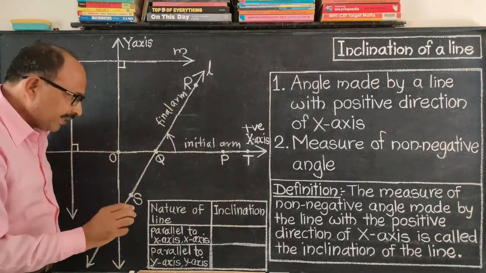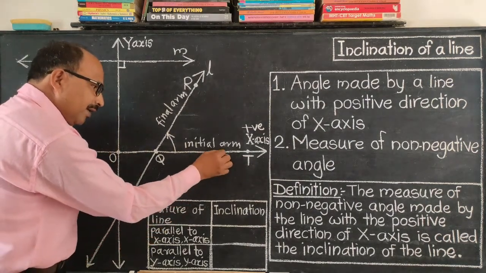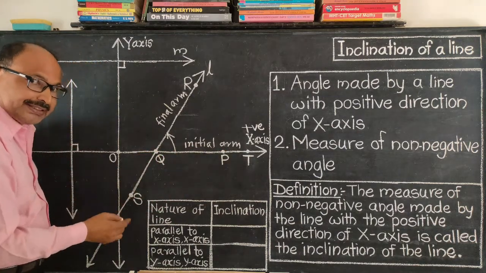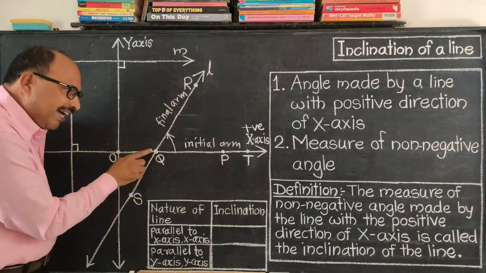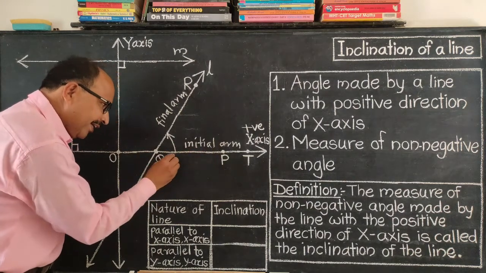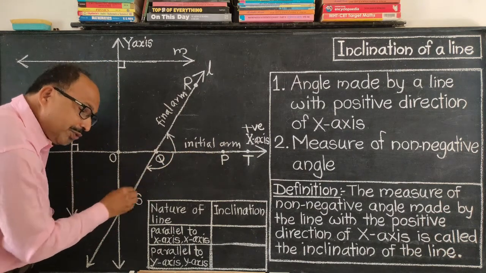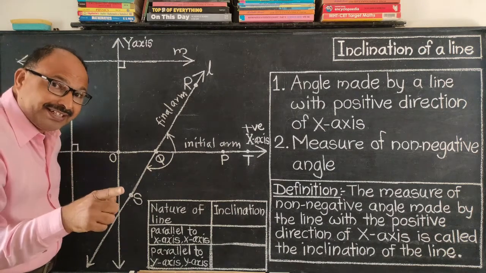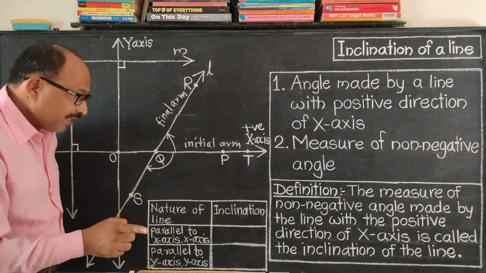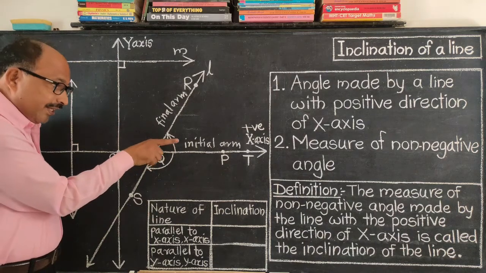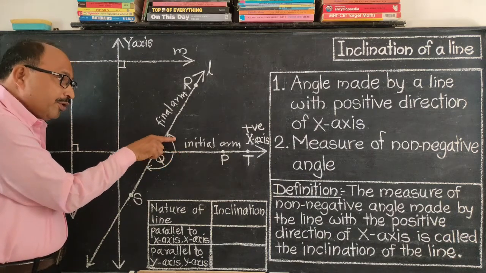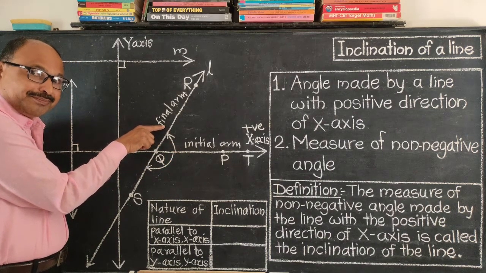Similarly, measure angle PQS from initial arm ray QP to final arm ray QS. Measure angle from initial arm to final arm.